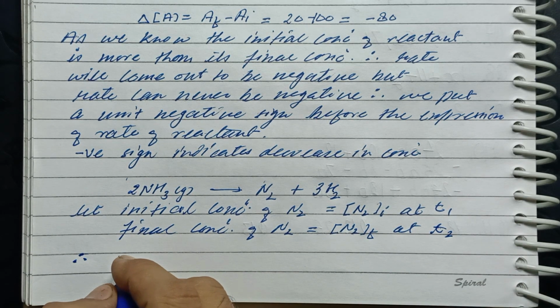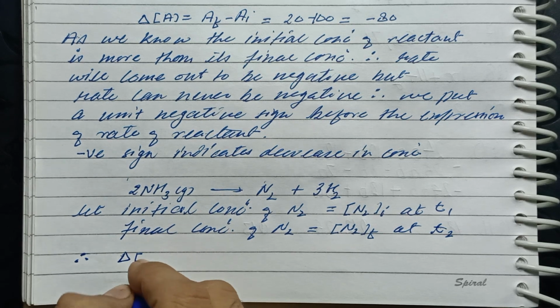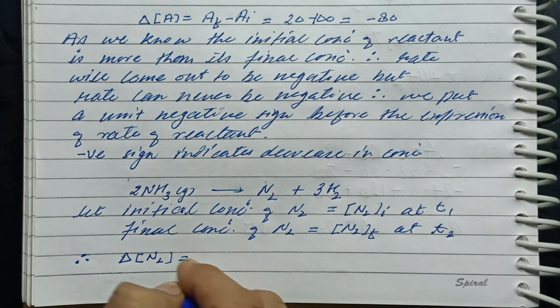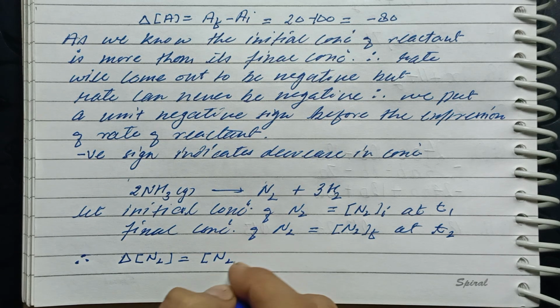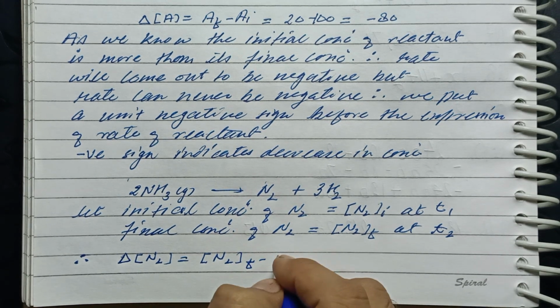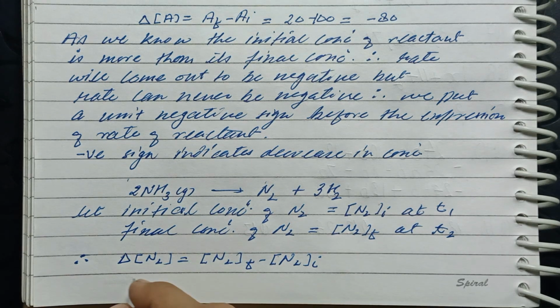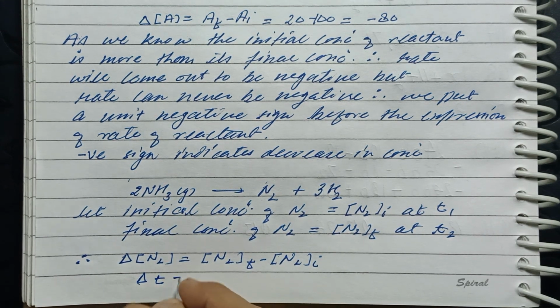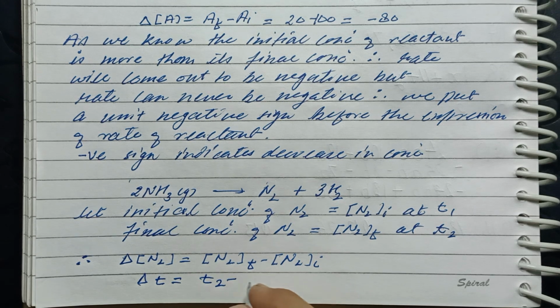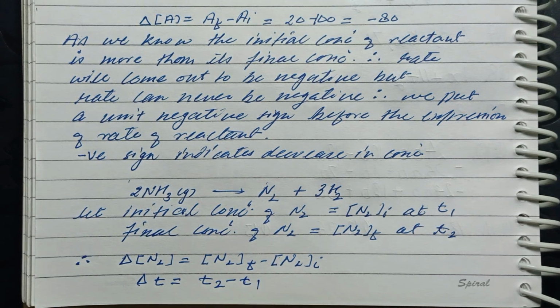Therefore, change in concentration of N2 will be N2 final minus N2 initial, and change in time will be equal to T2 minus T1.